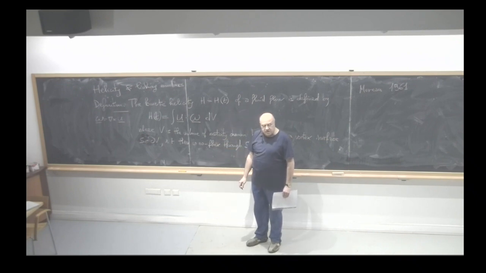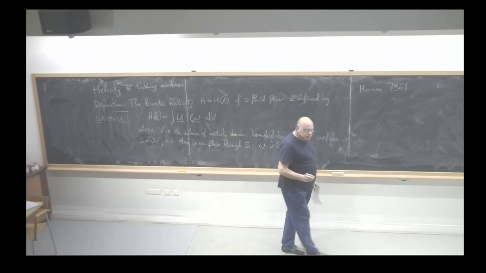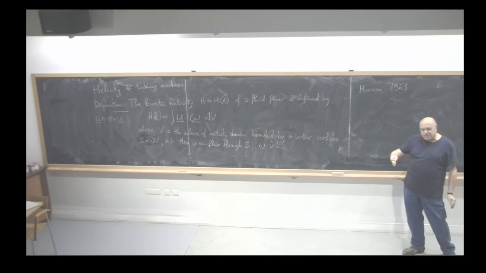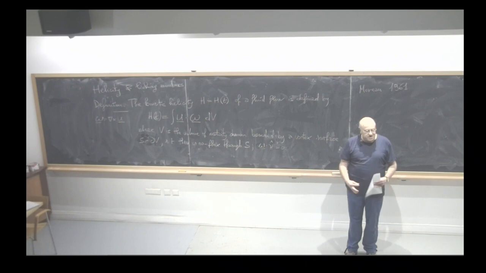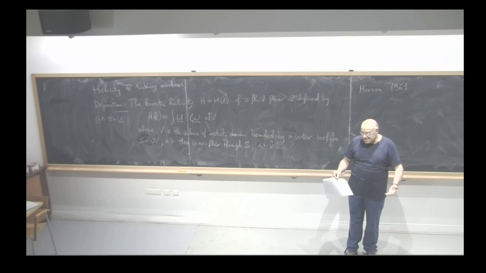It is quite remarkable, so I take a moment to stress that the number of conserved quantities of the Euler equations is very small. Kinetic energy, now helicity, momenta, if you like, circulation. So maybe you have a chance to find another one.